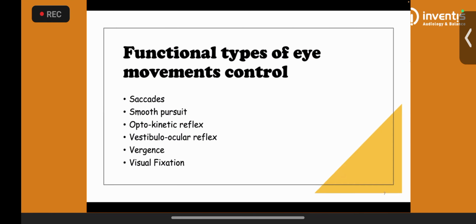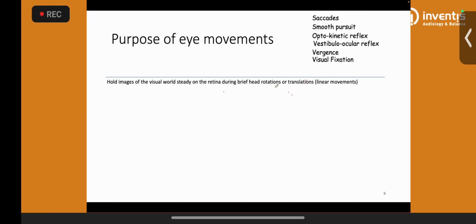The first is to hold images of the visual world steady on the retina during brief head rotations or translation. Suppose I'm moving my head briefly to the right or left, and I want to keep looking at the screen.